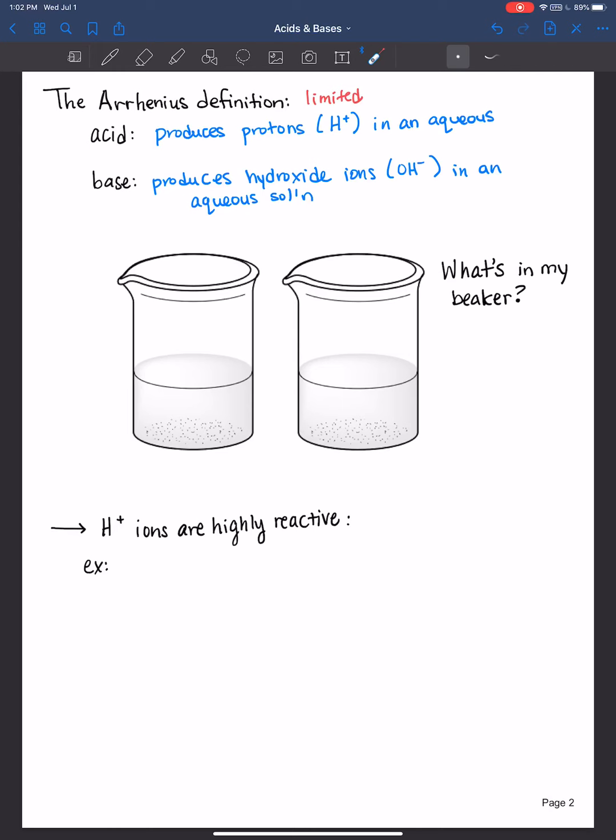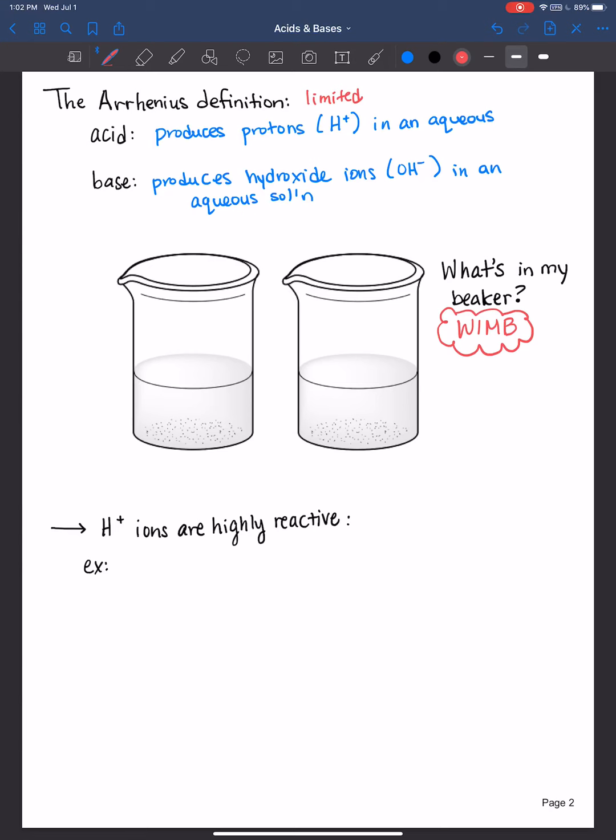Because once you can visualize and you can draw it out, the better you are at recalling that information or being able to derive it on the spot. If you always ask yourself, what's in my beaker? And the abbreviation I will be using is WIM. So you'll see that throughout my lectures.